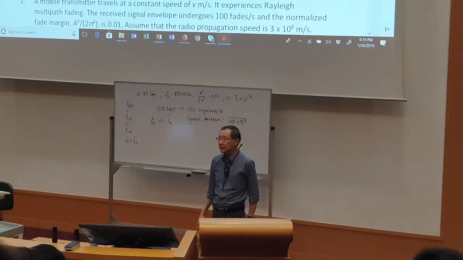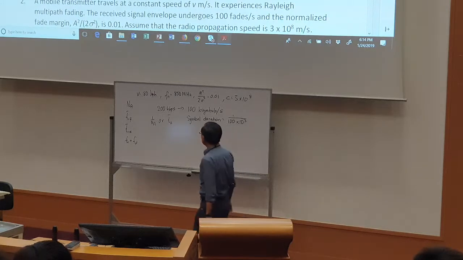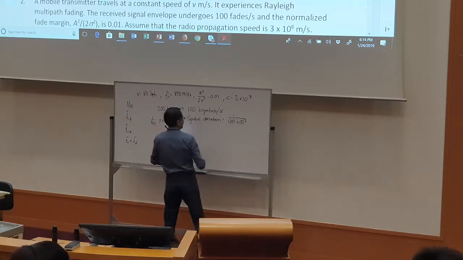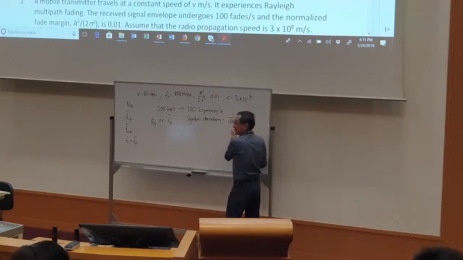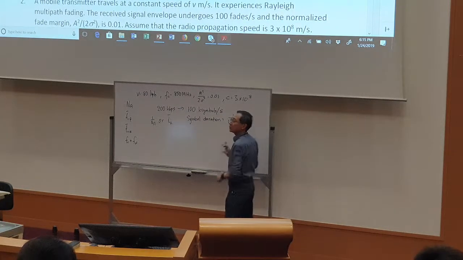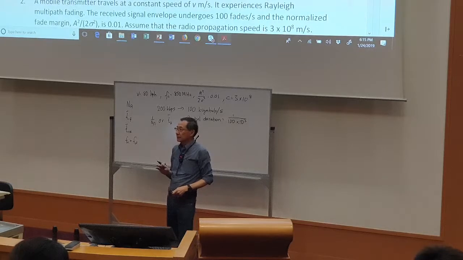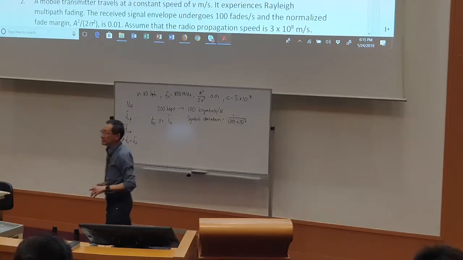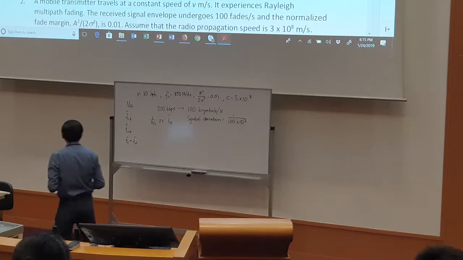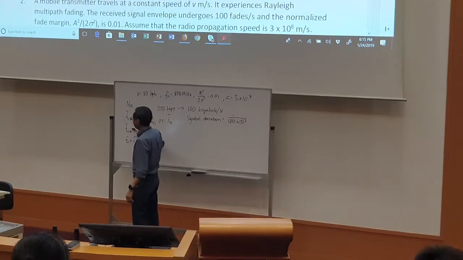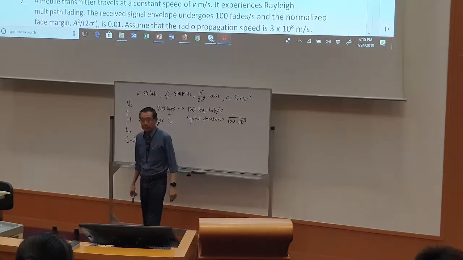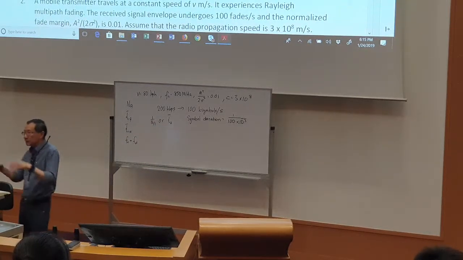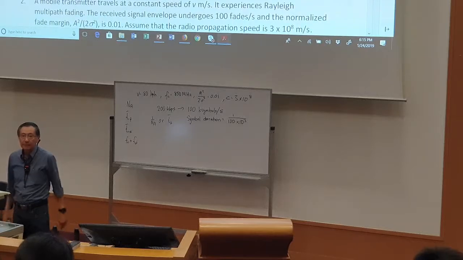Got it? However, if either one of these two values is much bigger than the symbol duration, then it's slow fading. So I've told you all the steps that you need to do. The equations are all inside your notes. I won't go through every line and rewrite it, but show you just the steps.